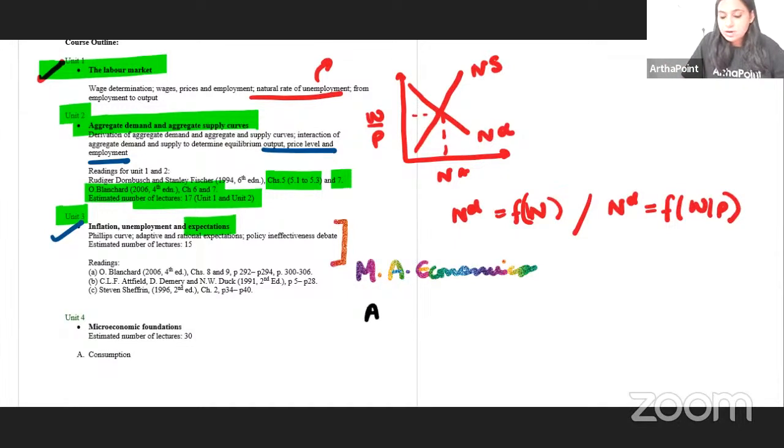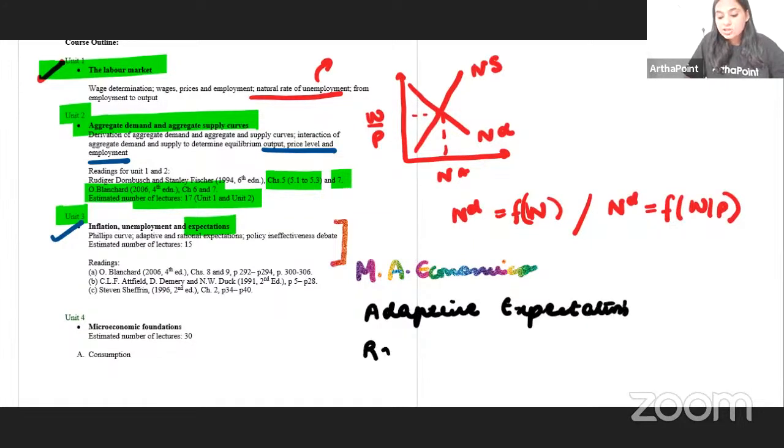We will study, of course, what is adaptive expectation. We'll study what is rational expectation.